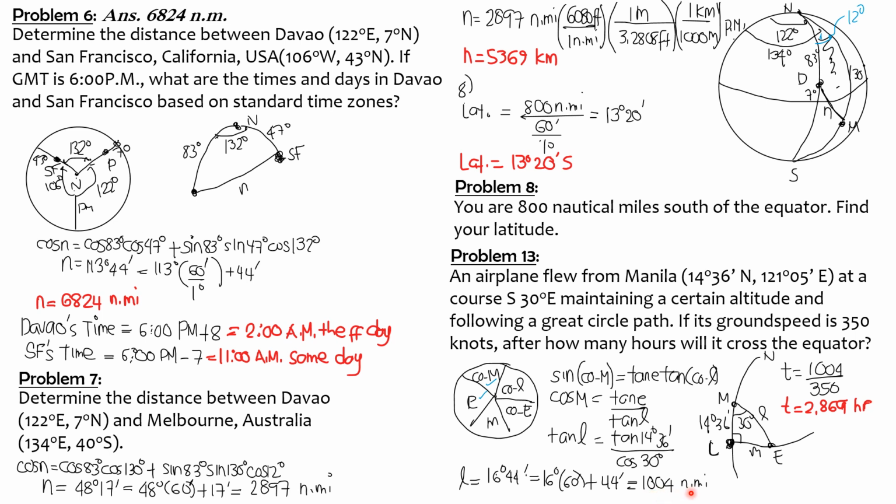So time is distance over speed. 1004 nautical miles divided by the speed, 350 nautical miles per hour. So the travel time, or the time when the plane crosses the equator, is 2.869 hours.